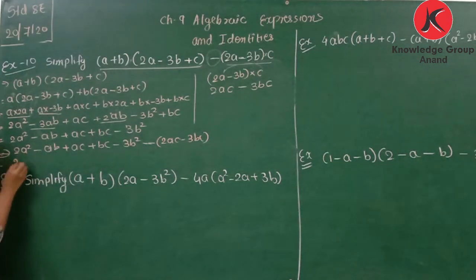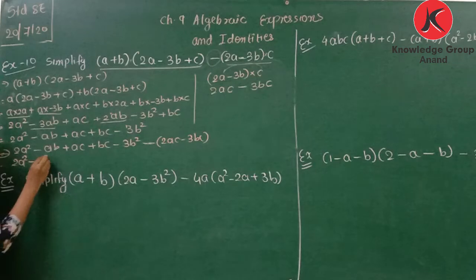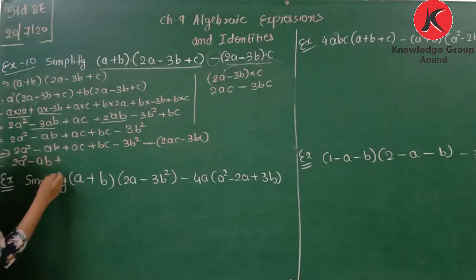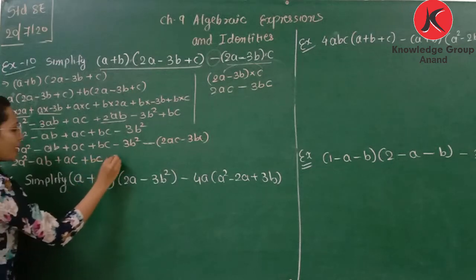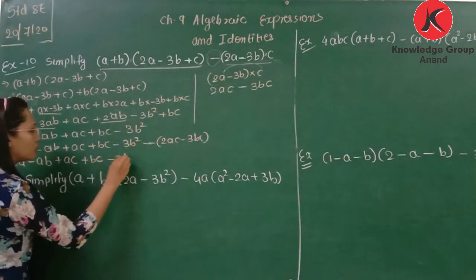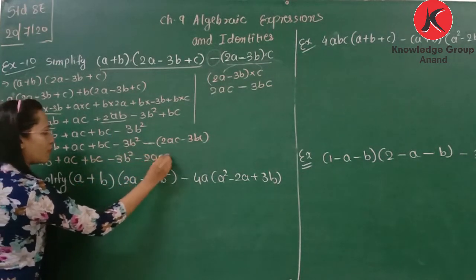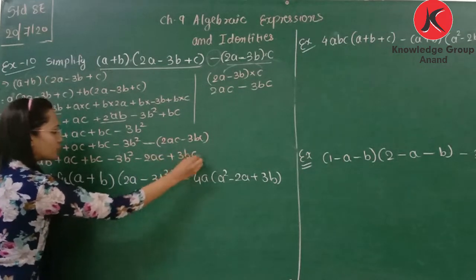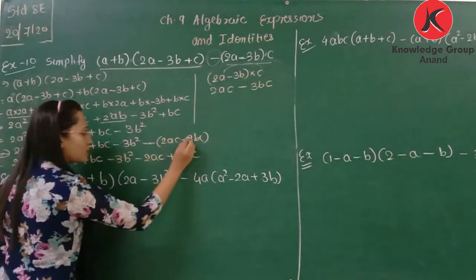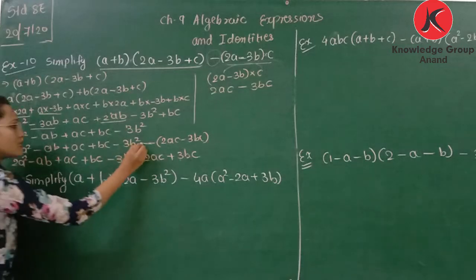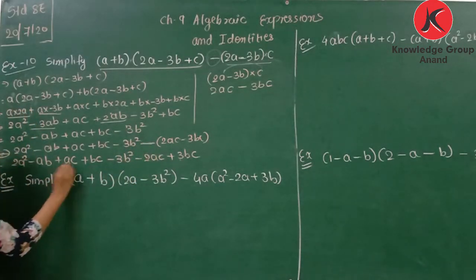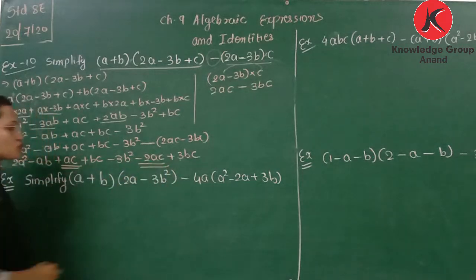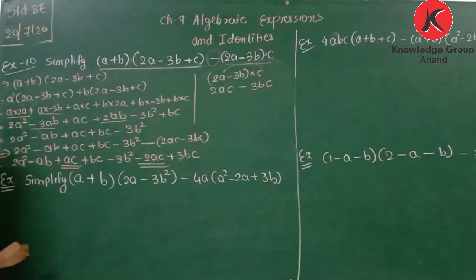So here 2a square minus ab plus ac plus bc minus 3b square minus 2ac plus 3bc. This becomes minus and minus 3 becomes plus because there is a negative sign outside the bracket. Now, are there any like terms? Yes. Here ac minus 2ac becomes minus ac.